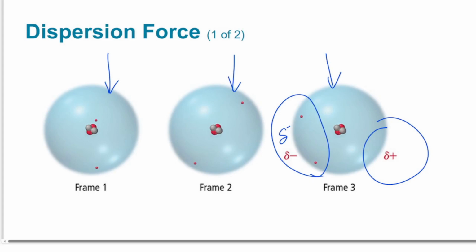And this also happens because molecules are bumping into each other, and when an atom or molecule bumps into another atom or molecule with a partial negative end, these electrons will repel each other and push the electrons to the other end of the atom.